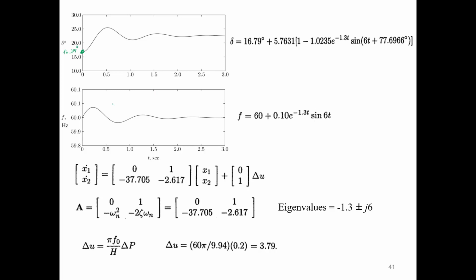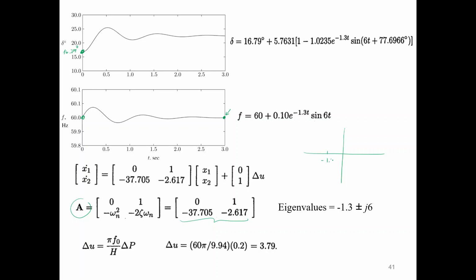It used to be 60, and it is stable because after the disturbance, the frequency becomes 60 hertz again. This is reflected by the analysis of the A matrix, right? You can see that the A matrix remains unchanged with the eigenvalue of negative 1.3 plus minus j6, because the eigenvalue is in the open left half plane, right?